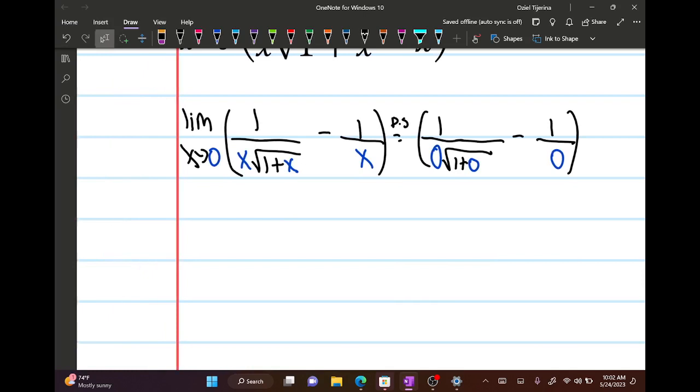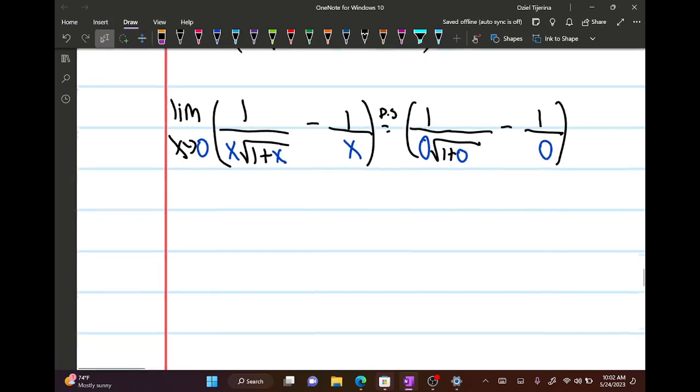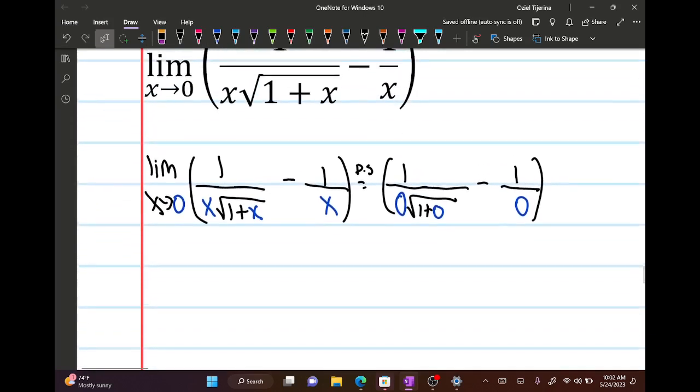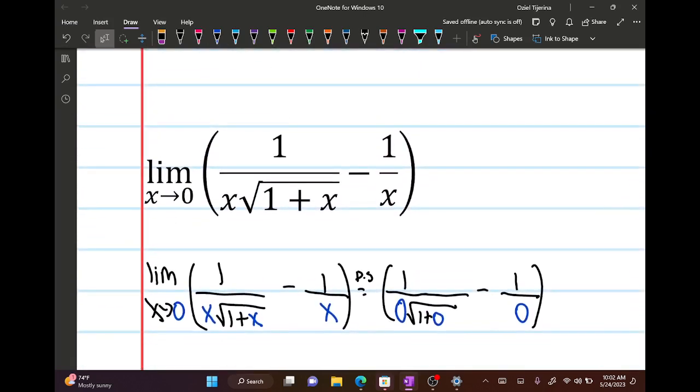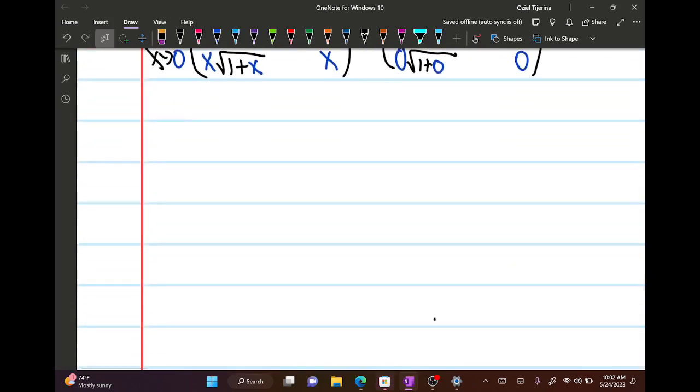So what else do we do? We're going to try to actually subtract this out. So we're going to do 1 over x square root of 1 plus x, minus 1 over x, and subtract this out to simplify it.